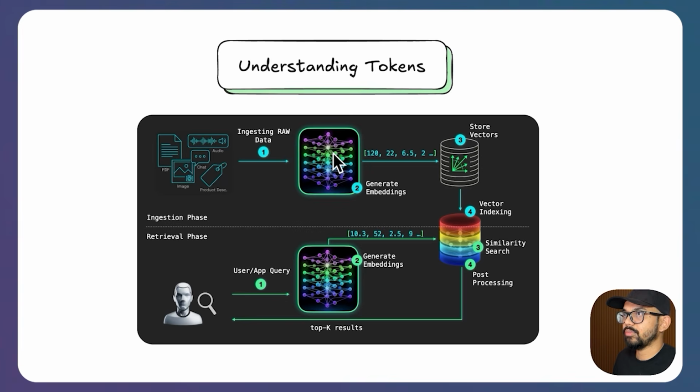So what happens internally within these embedding models is that this raw data is first converted into something called tokens. And these tokens are nothing but some numerical representation of this raw data. And then internally, these tokens are converted into vector embeddings. That's something that is done within this embedding model. So you don't have to do that.